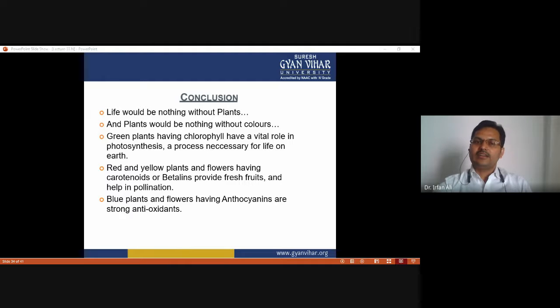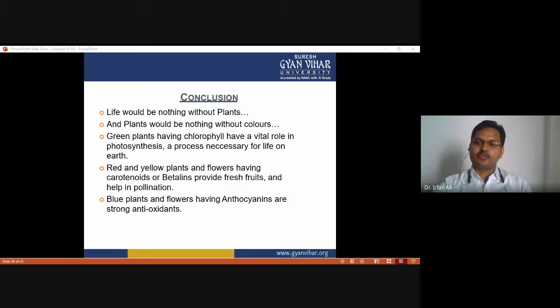Red and yellow plants and flowers having carotenoids or betalains provide color to fresh fruit and help in pollination. And blue plants and flowers having anthocyanin are strong antioxidants. So all these are the importance or significance of biological pigments.